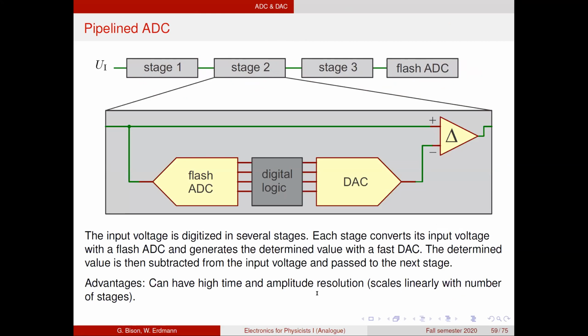In these 4 stages, it takes approximately 4 times as long to get the signal out than it would with a simple flash ADC. But still, they're very fast, and it's the method of choice for very high frequency digitization signals.